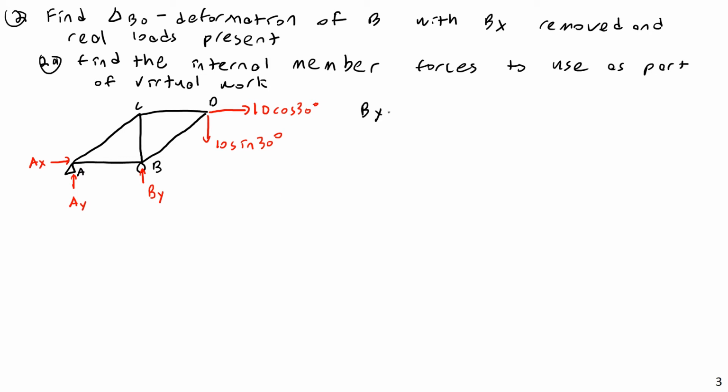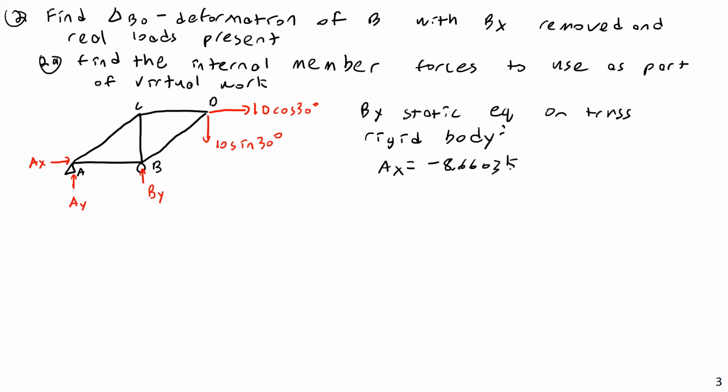I got the reactions by static equilibrium on the rigid body, basically the entire truss as a rigid body. AX is equal to just the opposite of this, so that is negative 8.6603 kips.